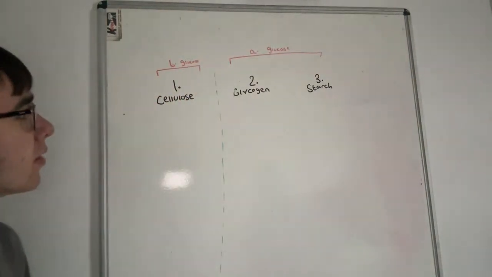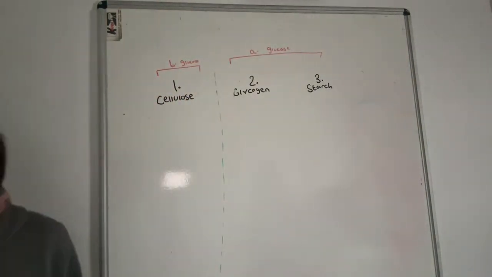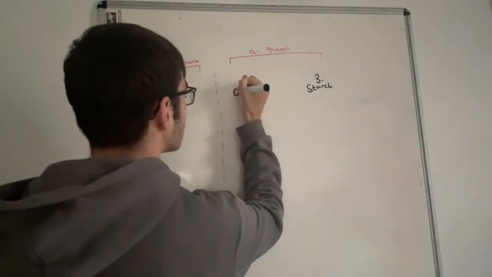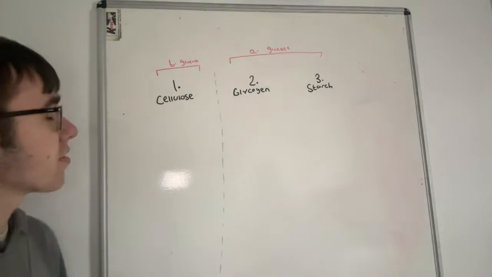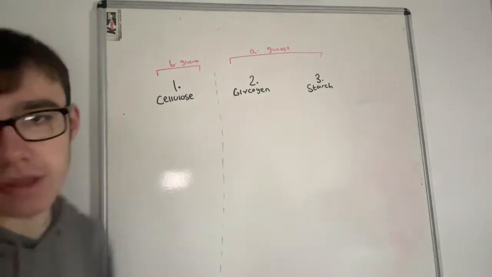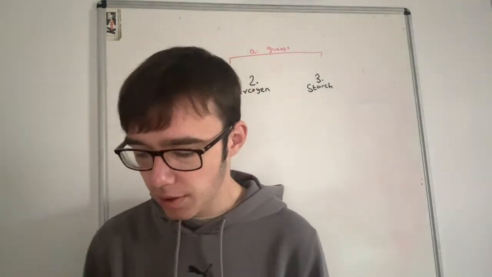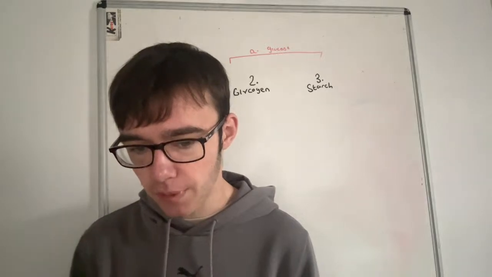So, cellulose, glycogen and starch. Okay, let's start off with cellulose, because this is the one that I think a lot of people struggle with.